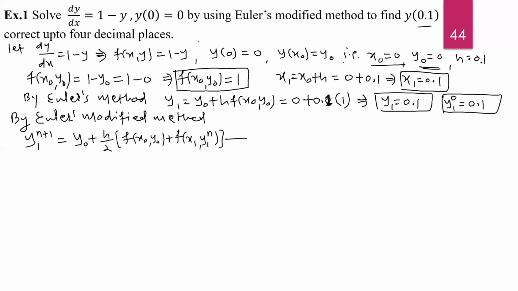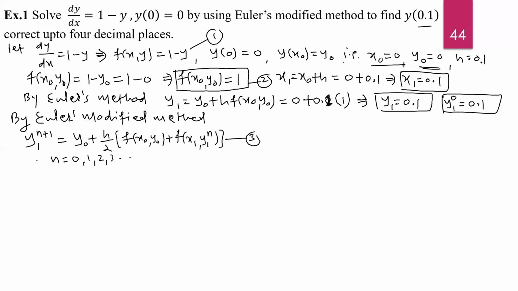Suppose this is equation number 1, this is 2, and now this is 3. Here n is running from 0, 1, 2, 3, and so on.